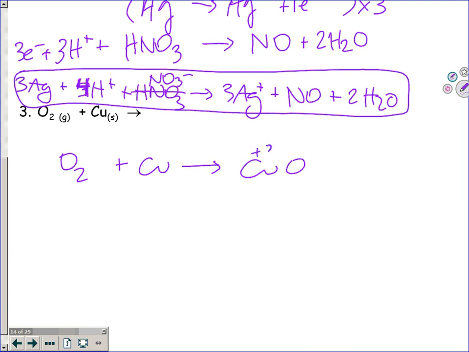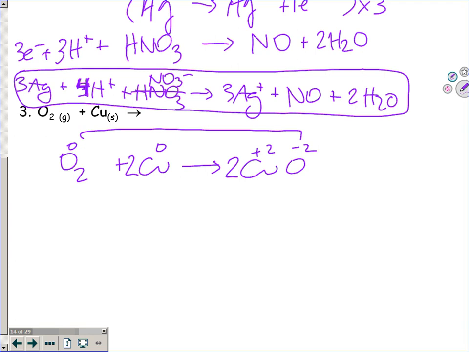So this was a positive 2, this was a -2. If you were to write your half reactions, actually, do we really need to write our half reactions? Can we balance this? Okay, where do I need to balance? 2 in front of copper 2 oxide and 2 in front of copper. Then let's track oxidation state changes to make sure electrons are balanced out. So oxygen is going from 0 to -2.